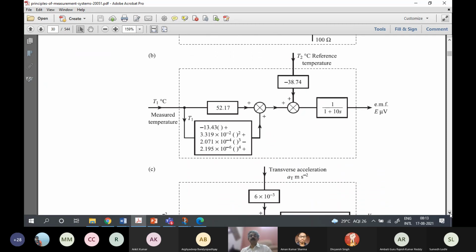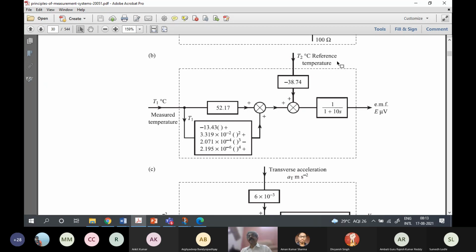This is the model of a thermocouple. So a thermocouple again produces an EMF which is proportional to the difference between the measurement junction temperature and the reference junction temperature. When we study thermocouples, we'll see. The measuring junction is placed close to the point where we are trying to measure temperature, so its temperature is the one we want to measure.